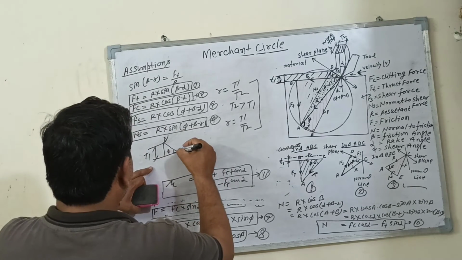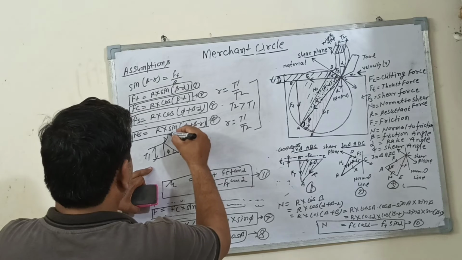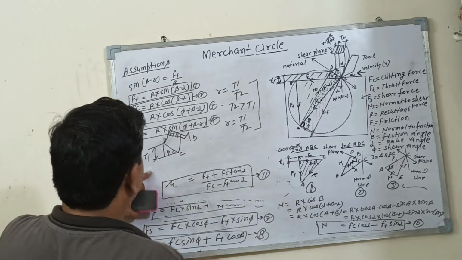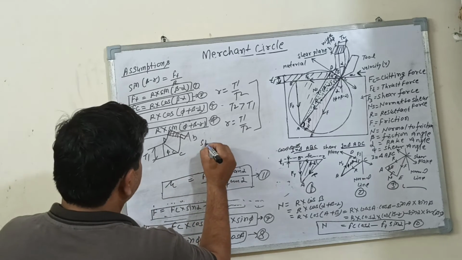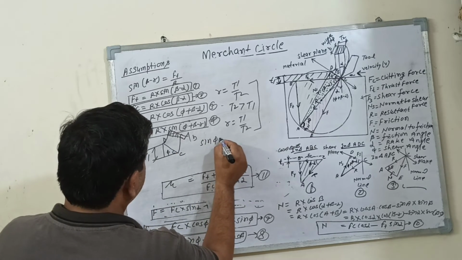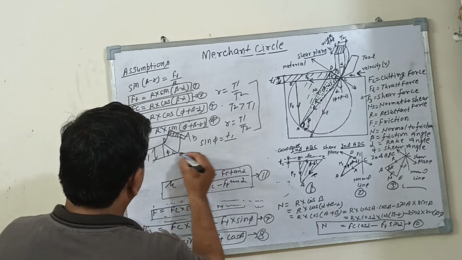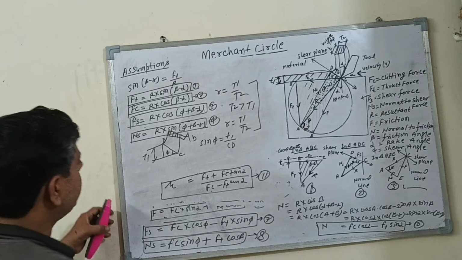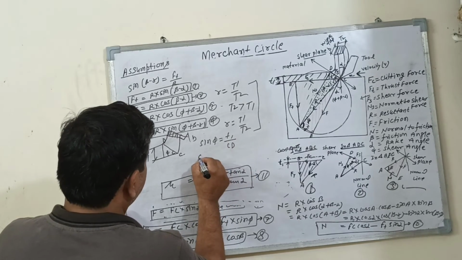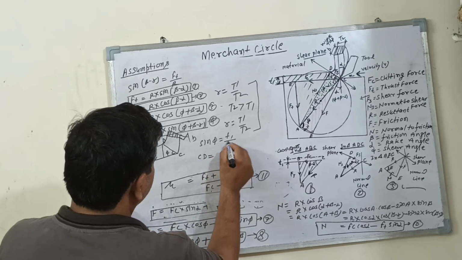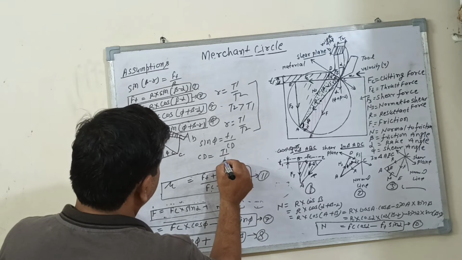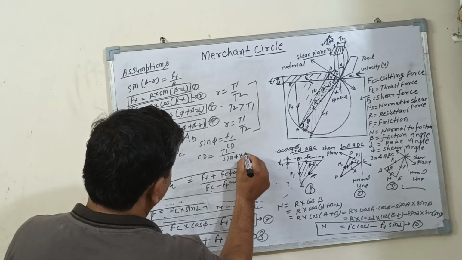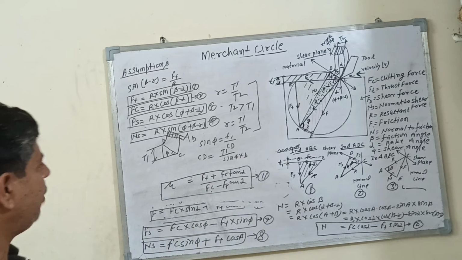This is the width of the chips. Sine phi is equal to T1 upon CD, so CD is equal to T1 upon (sine phi into B).